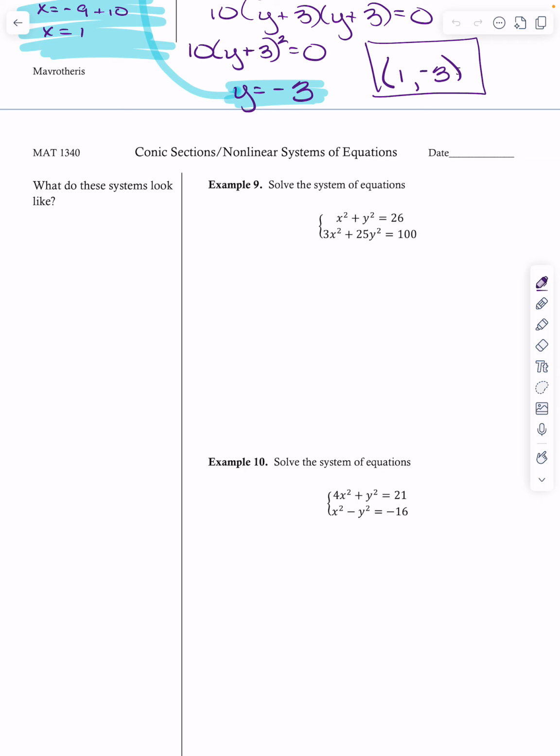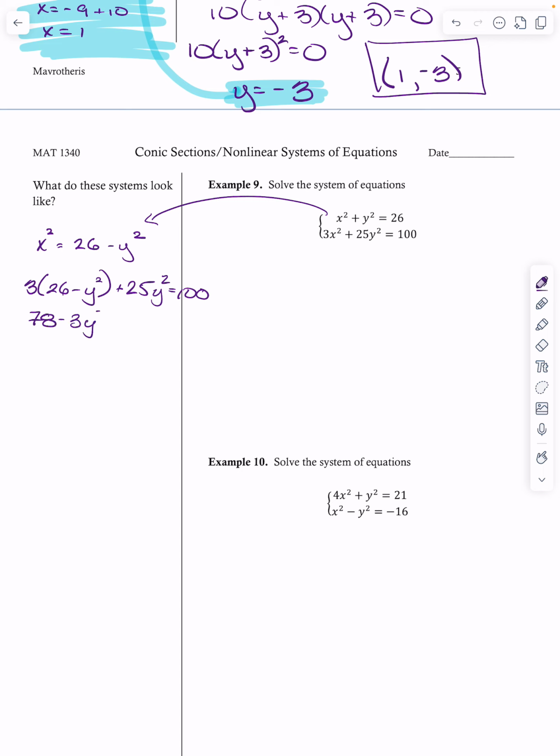And we could do that, and I will do that in a minute, but I also want to point out, because we're not used to doing it, I could solve for x squared and make x squared equals 26 minus y squared, and then go ahead and plug that in to the second equation. 3 times 26 is 78.